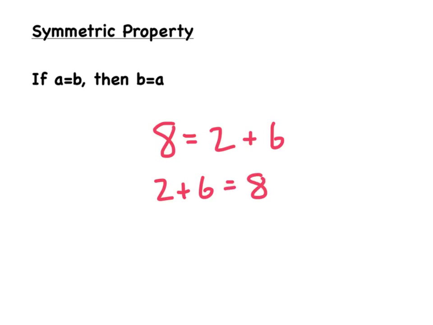Another example is if 4 is equal to 3 plus 1, then 3 plus 1 is equal to 4. Basically, what you're doing is flipping one number to the other side.